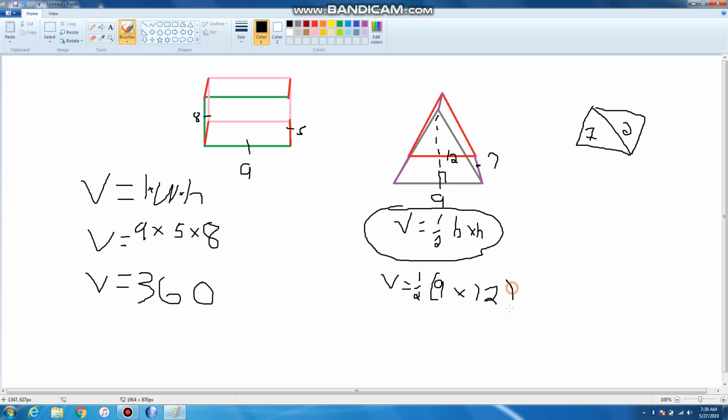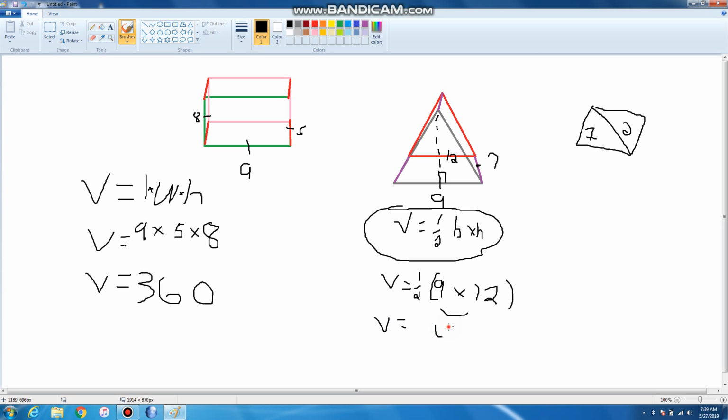Now you would obviously do this part first, but you could really do it any way. You could do half of 9, which is 4.5, times that by 12. Or you could do, the way I do it, 9 times 12, and divide that by 2, because 1/2 is dividing by 2. And your final answer should be, 9 times 12 is 108.